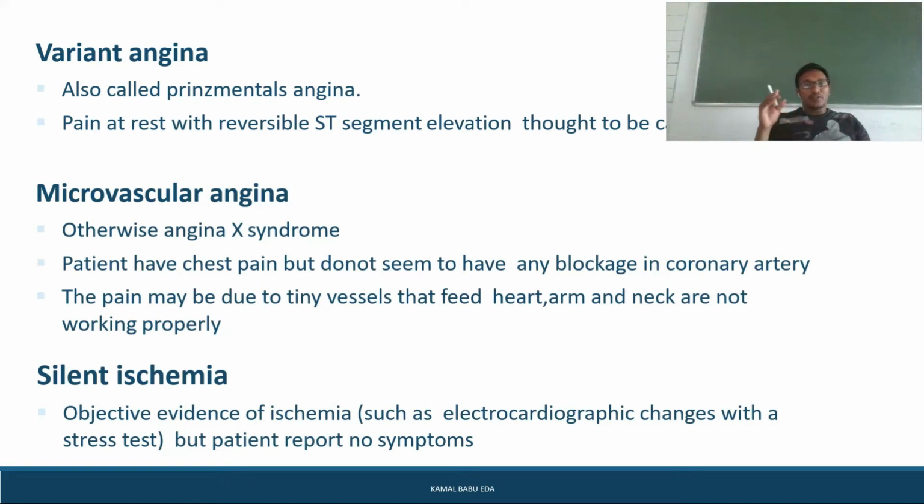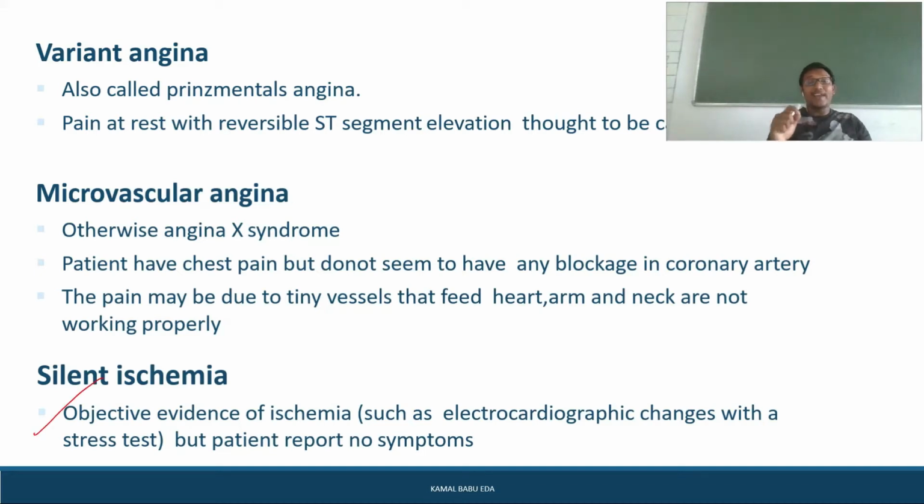The patient has chest pain, but in the coronary arteries you cannot see any blockage. The pain is mainly due to problems in the tiny vessels which supply the heart, or the arm or neck. If they are not working properly, you will get microvascular angina.